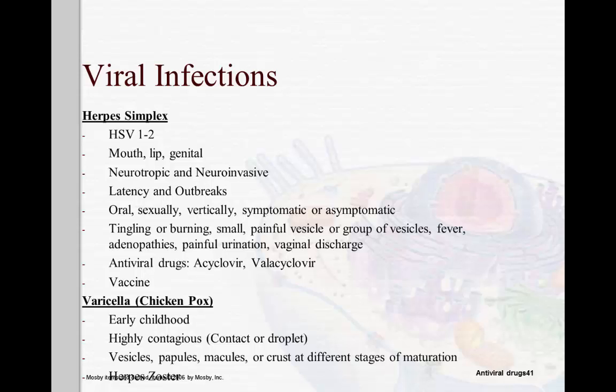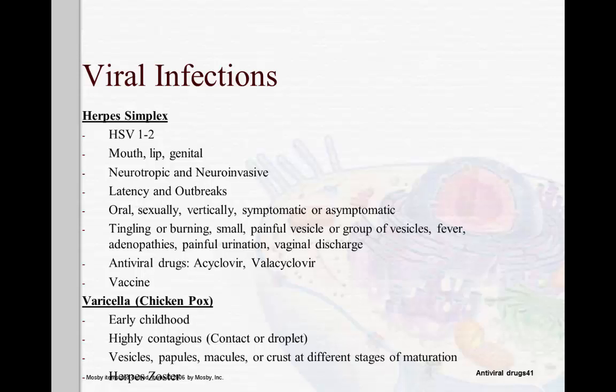It usually begins with mild constitutional, flu-like symptoms followed by crops of vesicles that rupture and crust. Some patients, if immunocompromised, could have alteration of the neurological system.